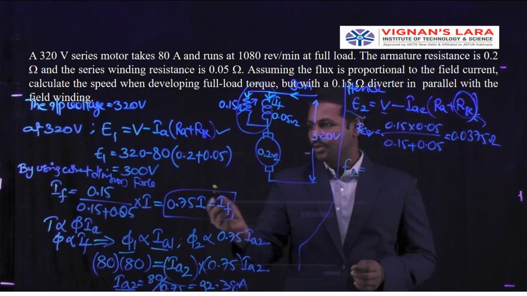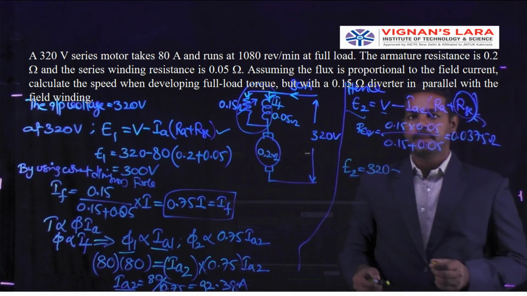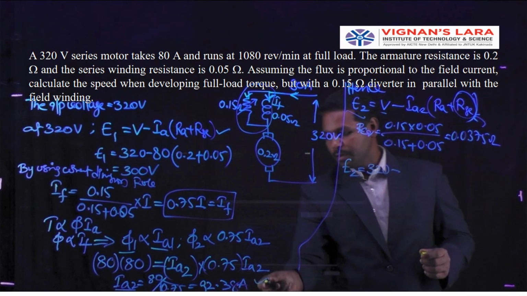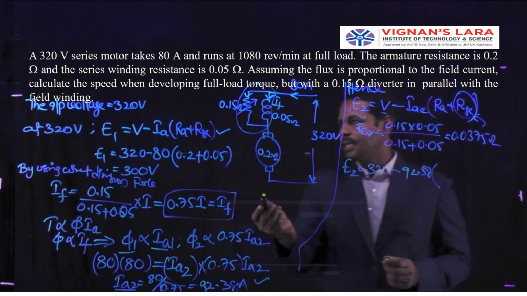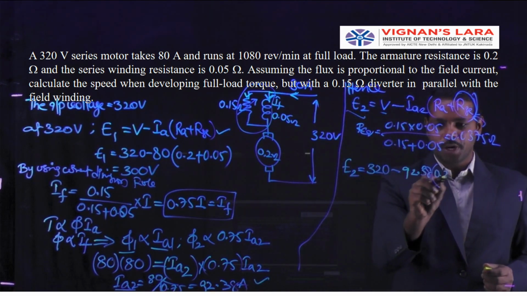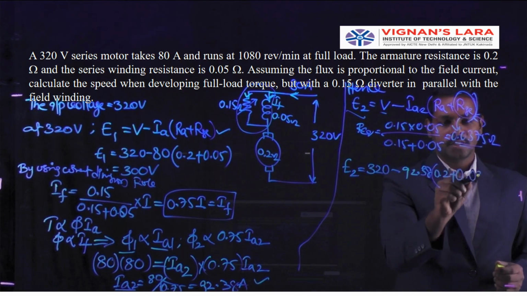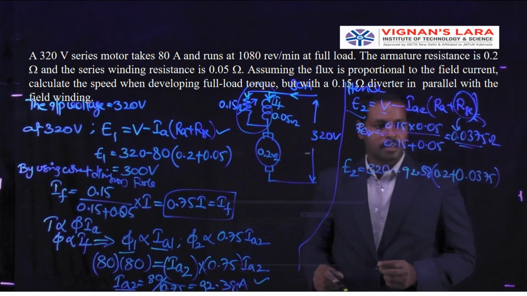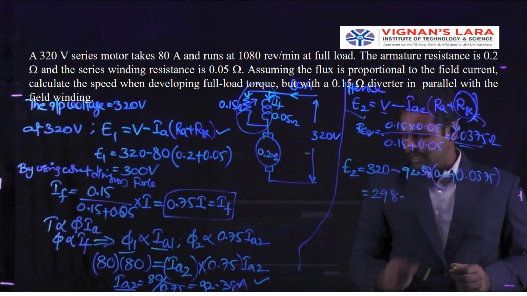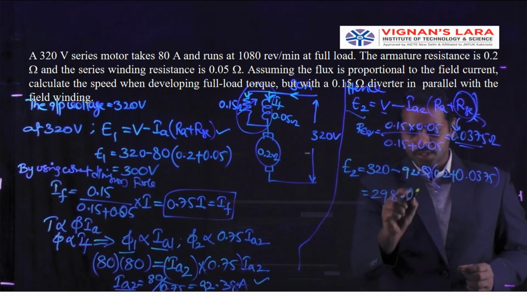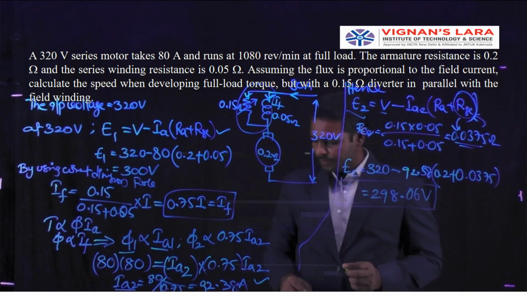The input voltage is the same for both conditions: 320 minus Ia2, which we have already calculated, 92.38, times the armature resistance 0.2 plus the total resistance. In place of Rse we consider 0.0375. So this is equal to 298.6 volts, which is the E2 value.